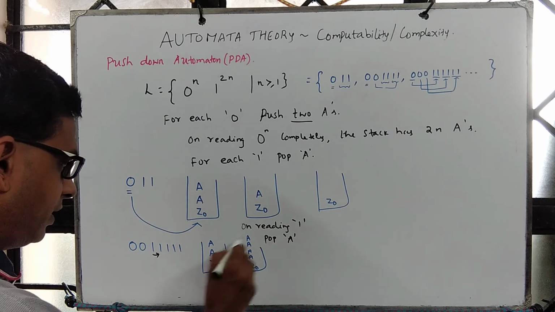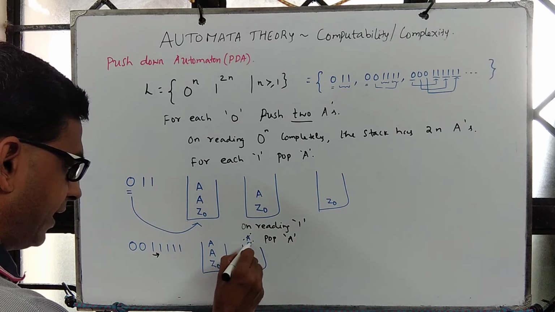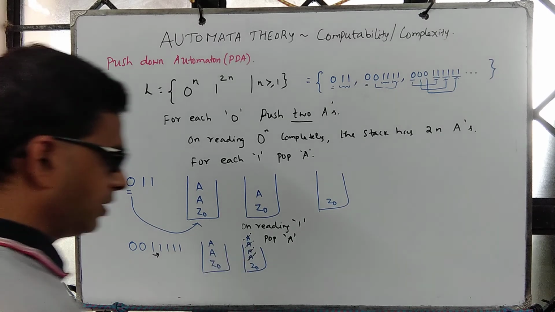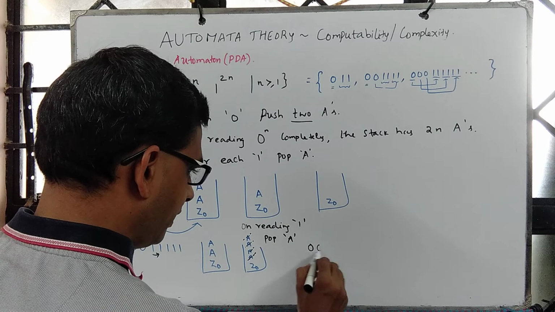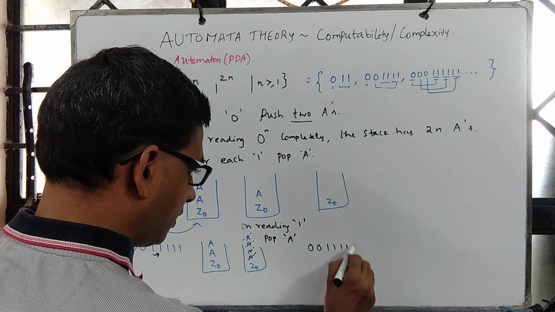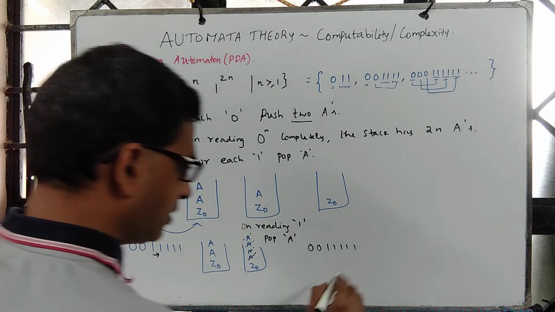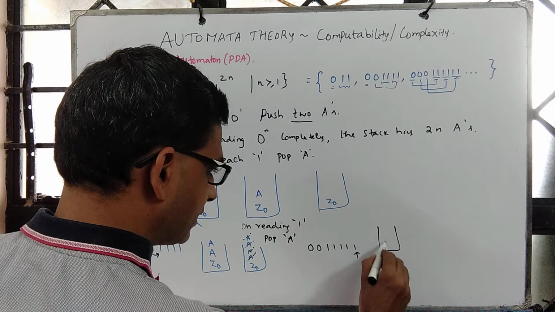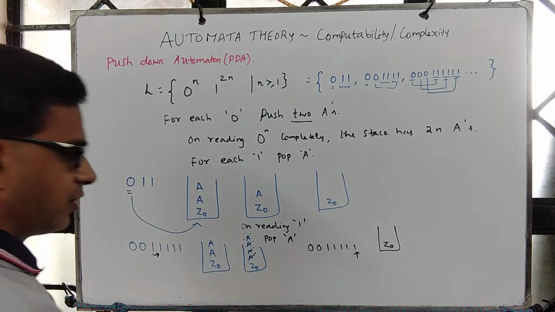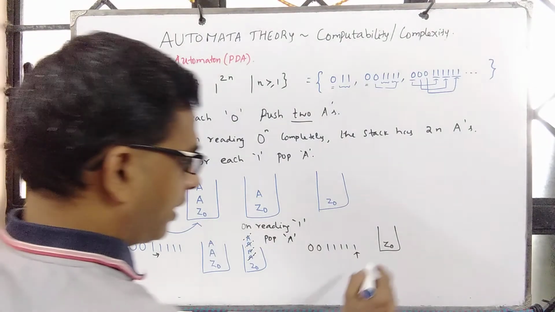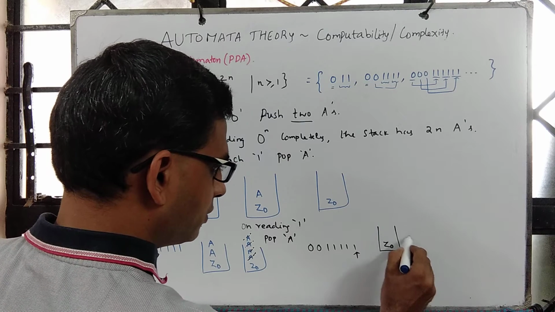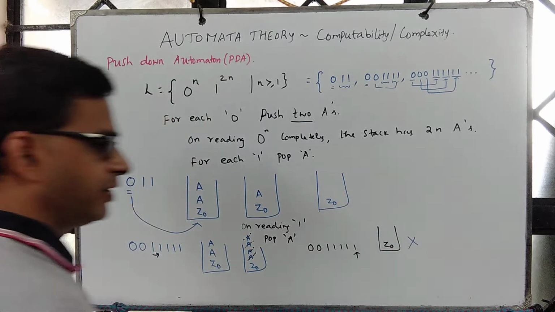For the first one we pop this, for the second one we pop this, third one we pop this, fourth one we pop this. Now if you look at the input, there are 5 ones. Now the control is here and stack contains Z0. Stack is empty and input is not, so you reject the string. It is an invalid input.